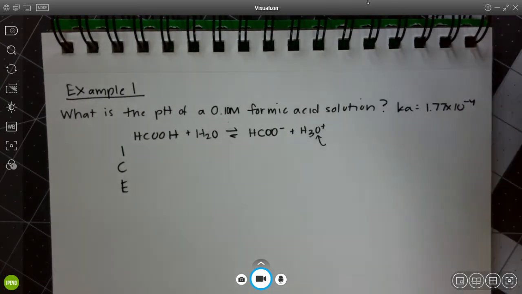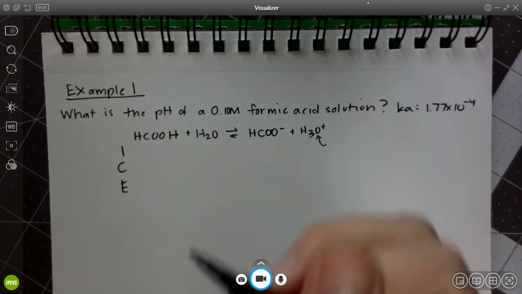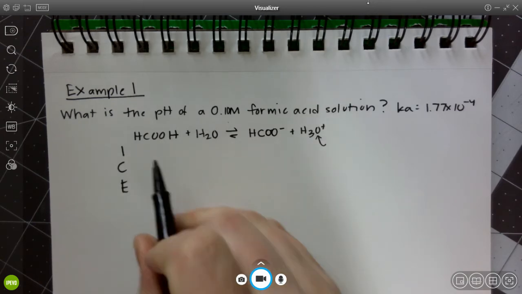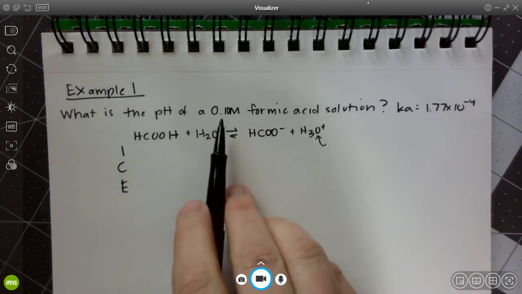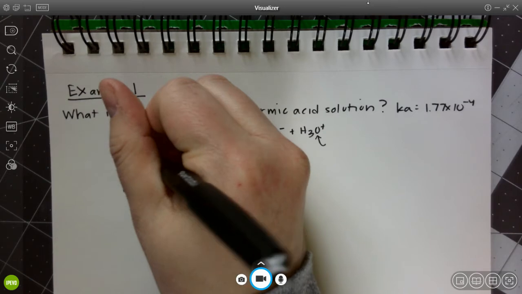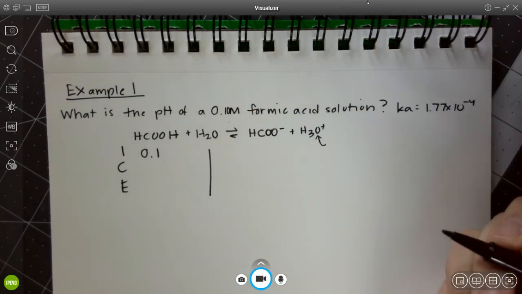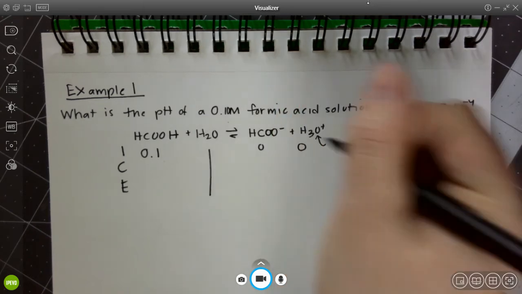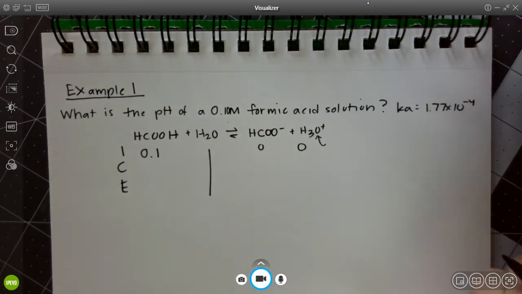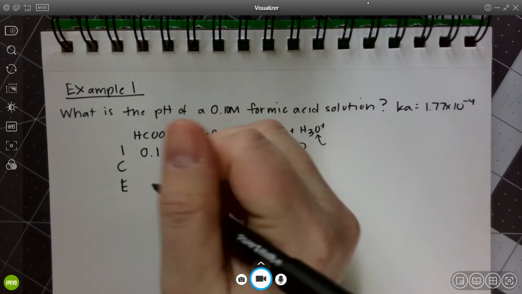Through all of our previous ice tables, we know that I stands for initial concentration. Before anything breaks up, we have a 0.1 molar solution of the formic acid. Water is a pure liquid, so we're going to leave that out. Because the problem doesn't tell me anything else about these, I'm going to have just 0 and 0 for my concentrations here.